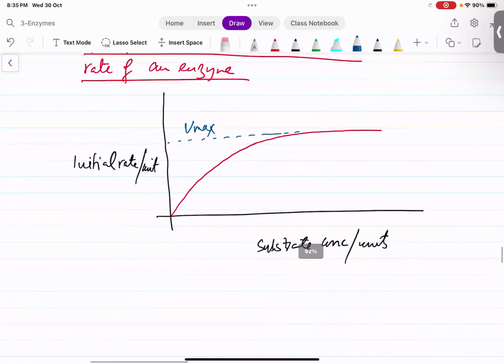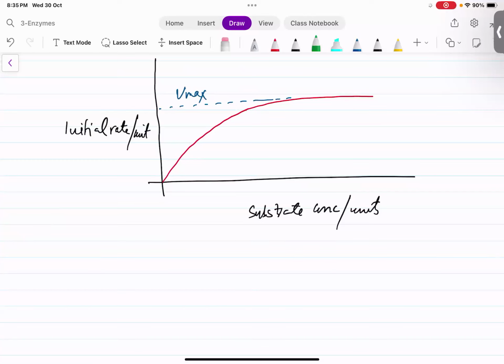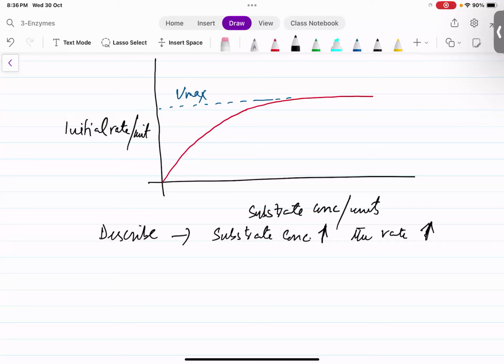So how can we explain this? We may have a question to describe the effect of substrate concentration, or to explain the effect of substrate concentration on the initial rate of enzyme action. So if it is to describe, you can simply write: as substrate concentration increases, the rate also increases.